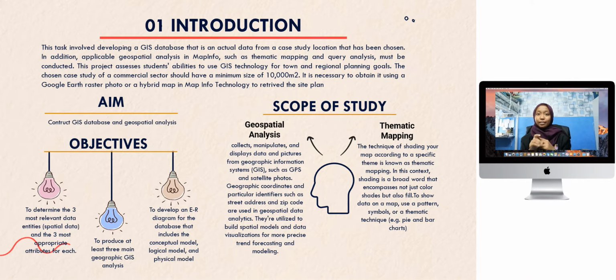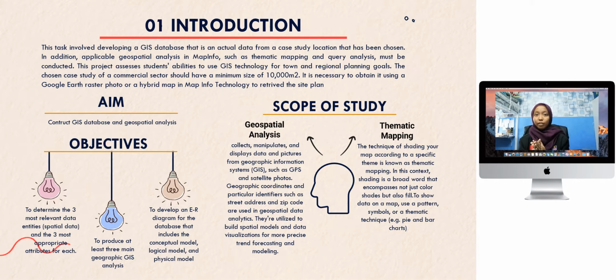The chosen case study of a commercial area should have a minimum size of 10,000 square meters, and it is necessary to obtain it using Google Earth, a raster photo or a hybrid map in MapInfo in order to retrieve the site plan. The aim specifically is to construct the GIS database and geospatial analysis.